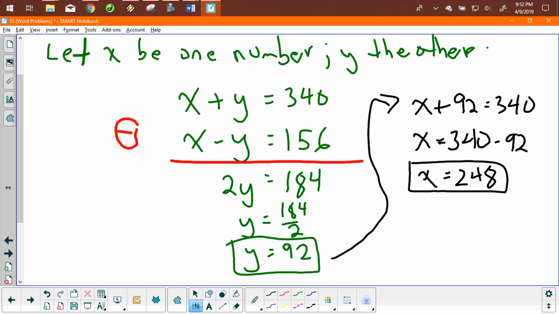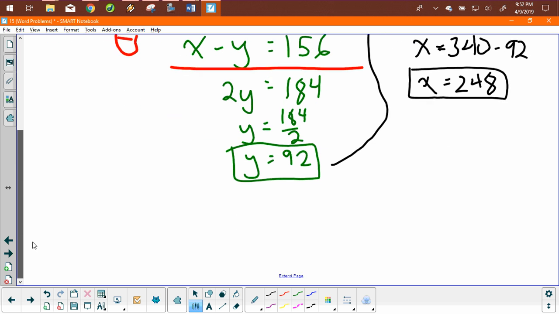If we do a quick little check, the other equation is x subtract y is 156. So I'm going to check my calculator here. 248 minus 92, that is 156. So we must have gotten this right. Again, this is a word problem, so we're going to put a therefore statement.